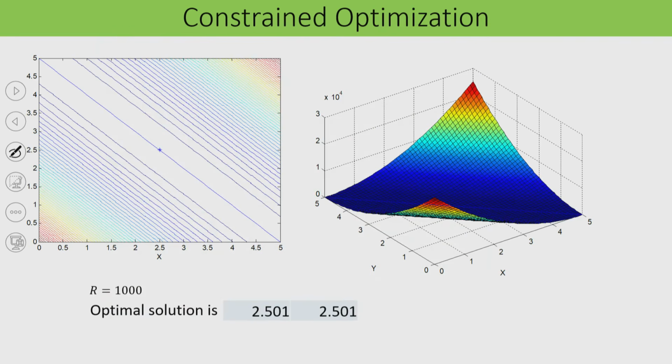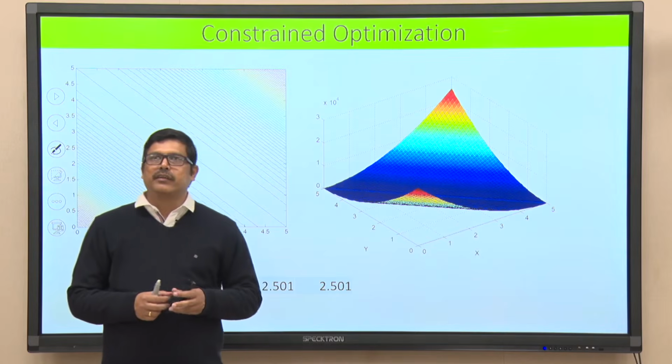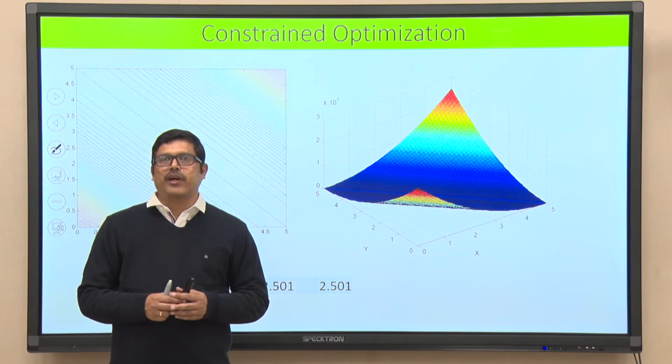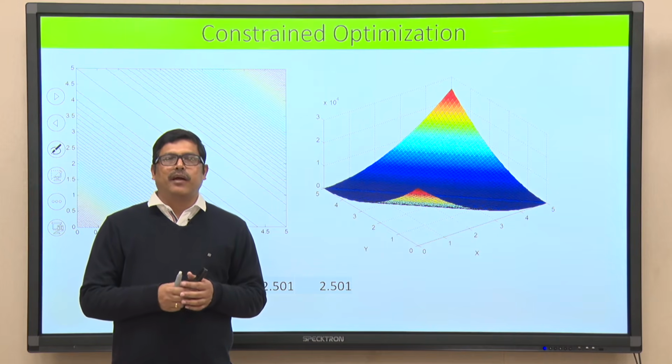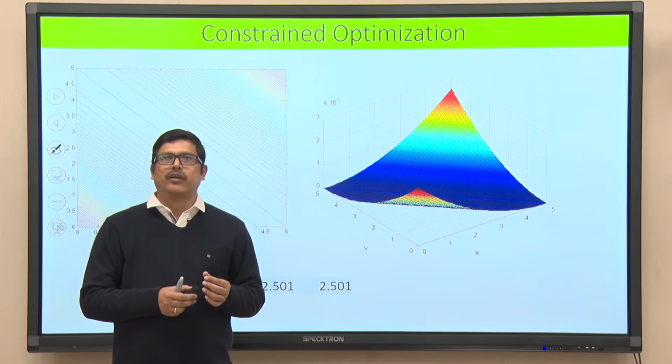I have shown the plot here. You can see this is for r equal to 1000, and the solution is somewhere here, 2.5 and 2.5, and this is the surface plot I have shown. But if you start your iteration with r equal to 1000, you may not get the solution, because, as I said, for a larger value of r the gradient will be very steep and your gradient based algorithm will not work.